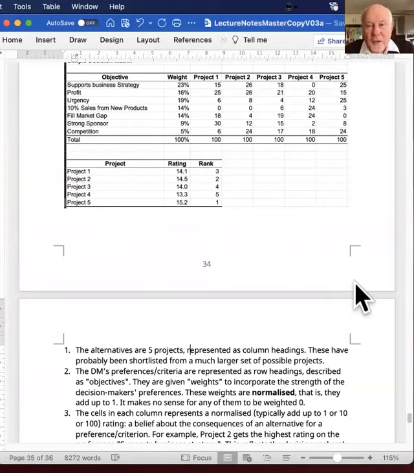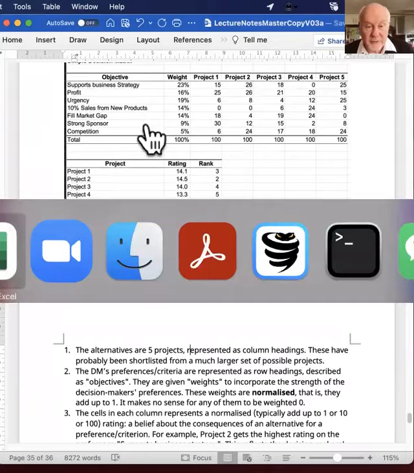So one thing is these objectives should be, as far as possible, mutually exclusive. In other words, they don't overlap. Now, in this case, I wouldn't say that's really been achieved terribly well.